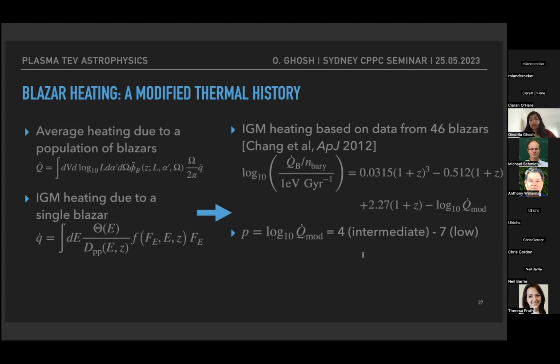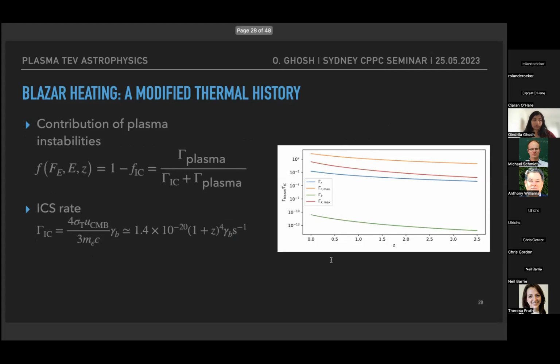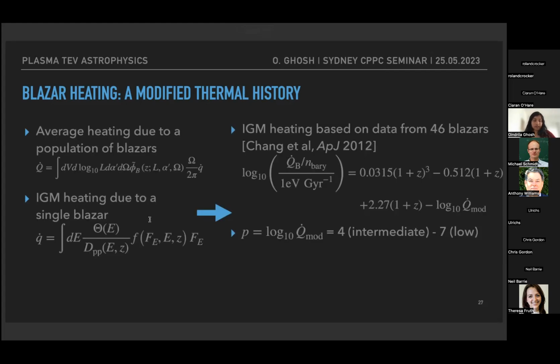So I have excluded this strong heating that is discussed, for example, in this paper, because that's quite an optimistic scenario. Instead, I consider intermediate to low blazar heating. The contribution of plasma instabilities is contained in this term.